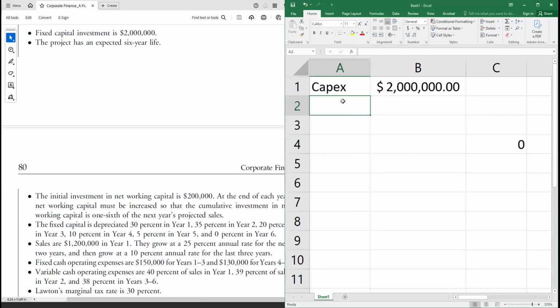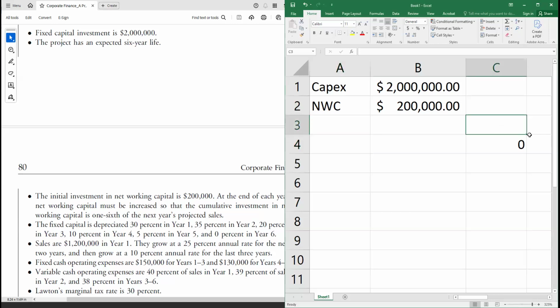So initial year, the net working capital is 200,000. But if you remember from the quiz, there was no initial net working capital. There was only, for every single year, the corresponding sales revenue with a percentage, a part of it.